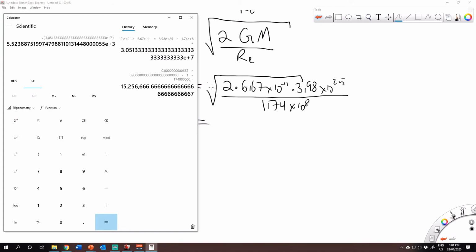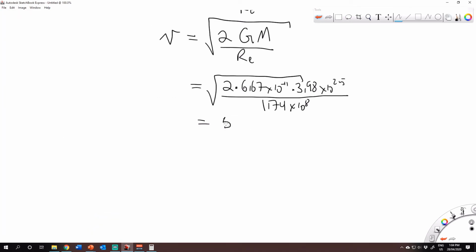So we get a velocity of 5.5 times 10 to the 3 meters per second.